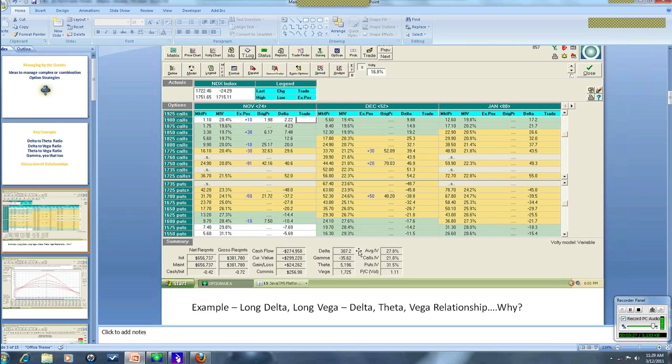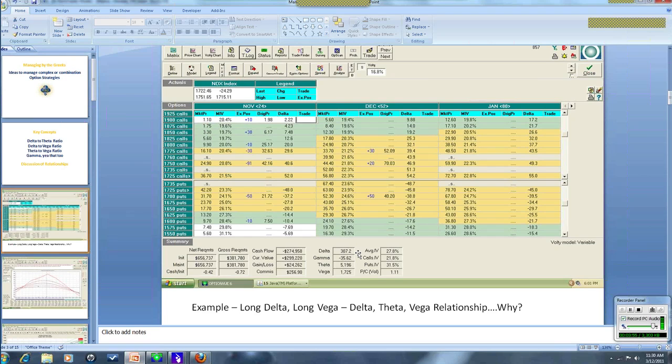Just as a quick little example, this was a position whereby you can see down here that I'm long delta, long theta, and long vega. So this is sort of the opposite of a lot of income trades where your vega is actually short, like a condor. But this shows you the different relationships: 307 delta against a 5100 theta.